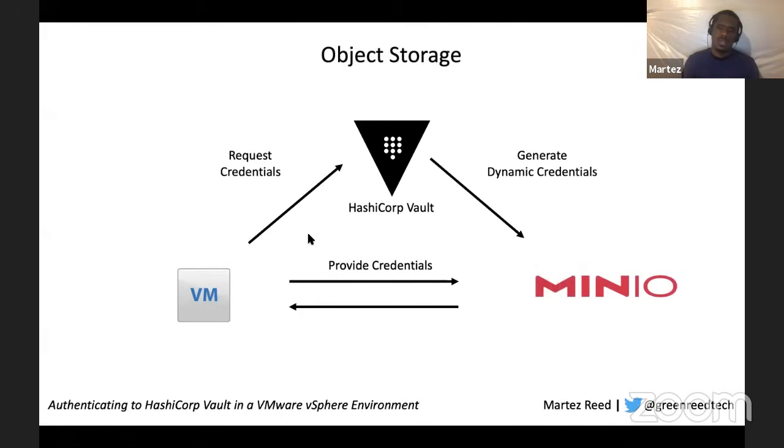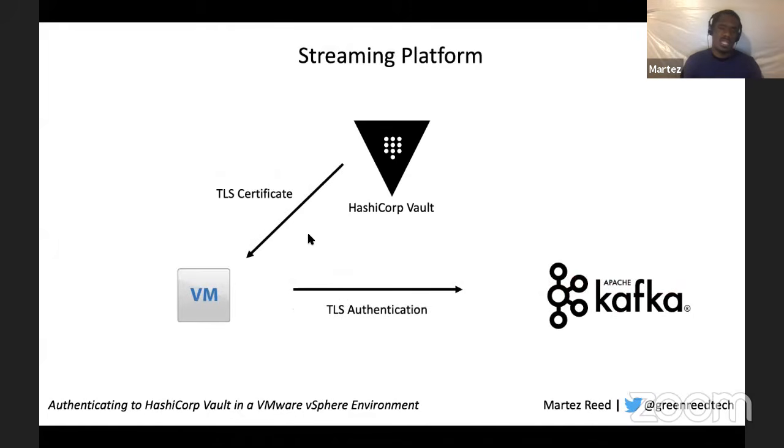Leveraging an object storage such as MinIO starts to extend the capabilities of a VMware vSphere platform to become, quote unquote, more cloud native and mimic some of the native capabilities and offerings provided by cloud providers. In addition to that, it might be something like leveraging Apache Kafka for a streaming platform to handle fetching TLS certificates from HashiCorp Vault, being leveraged as a PKI server to perform that authentication against the Kafka instance.